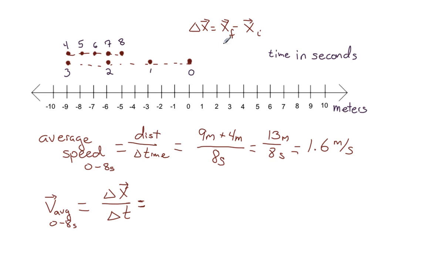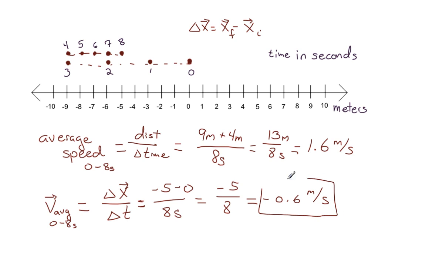So if I do that, the final position is -5 minus the initial position, which is 0, all over 8 seconds. -5 minus 0 is -5 divided by 8. So that ends up being negative 0.625, 0.6 is fine, meters per second.